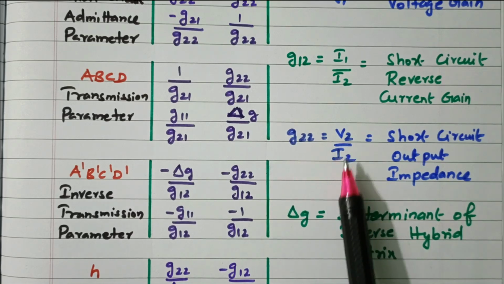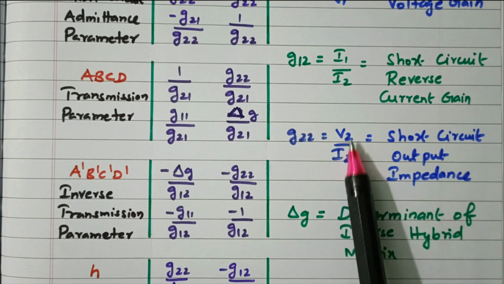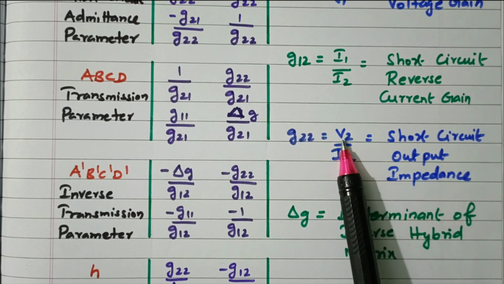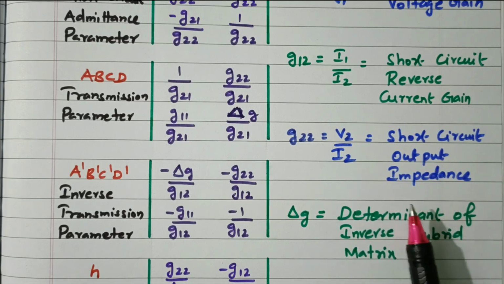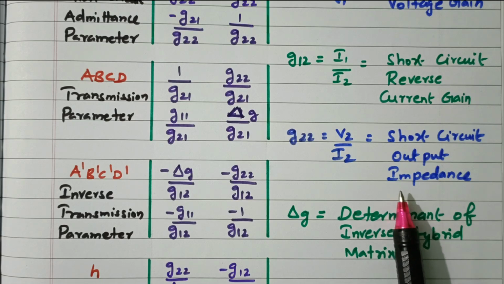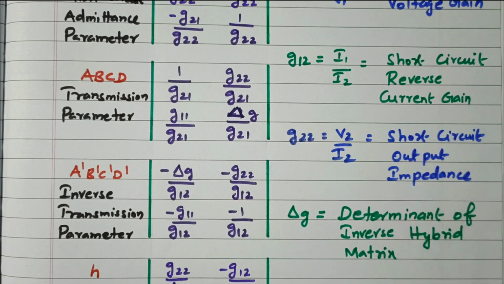G22 refers to V2 by I2, the short circuit output impedance. V by I is impedance, output voltage and output current, so it is the output impedance. So the first two parameters are open circuit and the remaining two are short circuit. The first two are input admittance and voltage gain, the second two are current gain and output impedance.